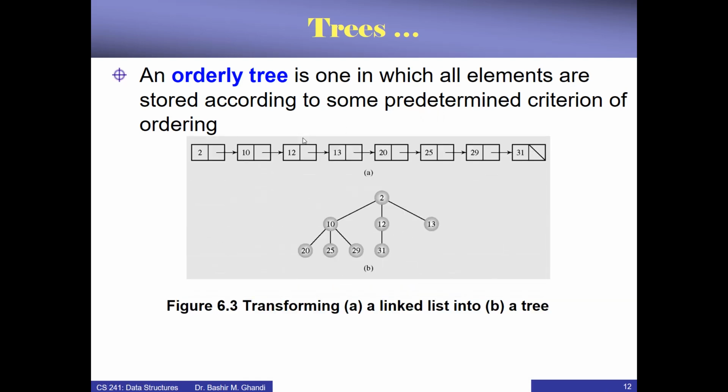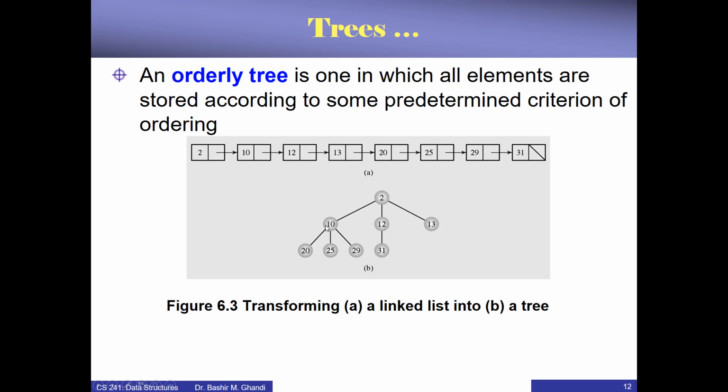The elements are not just stored randomly, they are stored based on a certain criteria, as you can see in this example. If you can observe, each parent in this tree is less than its children.